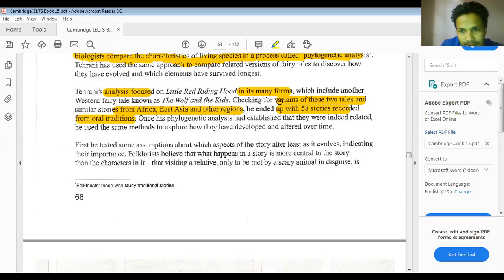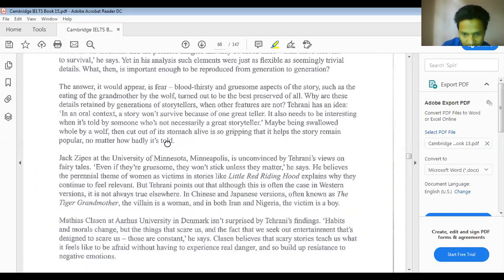The wolf and checking variants of these two tales and similar stories from Africa and this, and ended up recorded. Once this phylogenetic analysis had established they were indeed related, he used the same method to explore how they have developed and altered over time. Indeed, they were related. Okay, they were related.